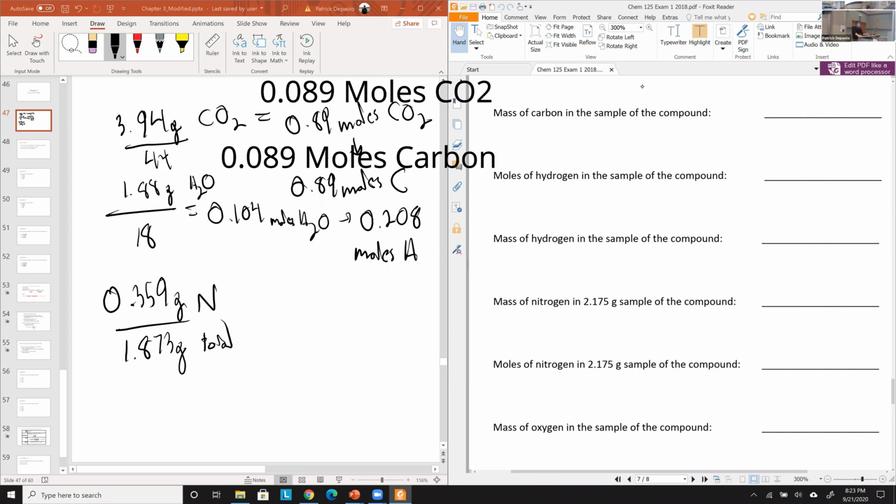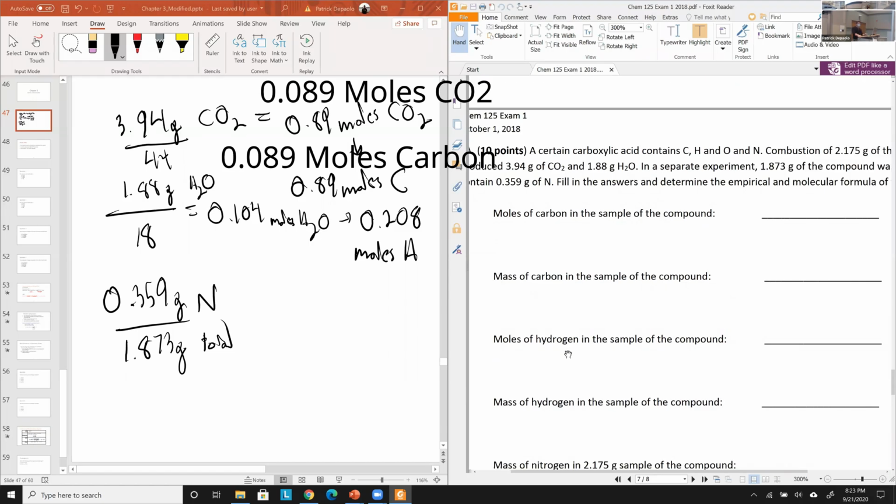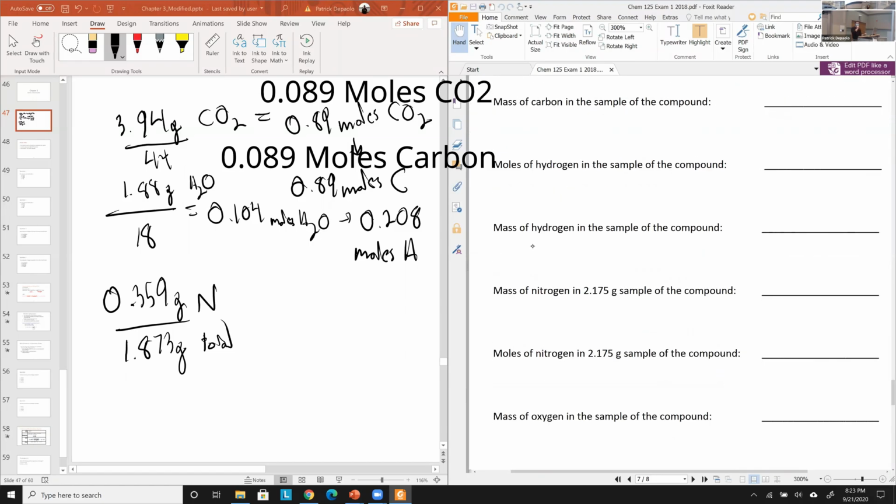So now, mass of nitrogen in 2.175 grams of the sample. Because if you remember, the original sample was 2.175. But that second experiment they did gave us the percent nitrogen in the compound, which we can calculate right now by doing 0.359 divided by 1.873.